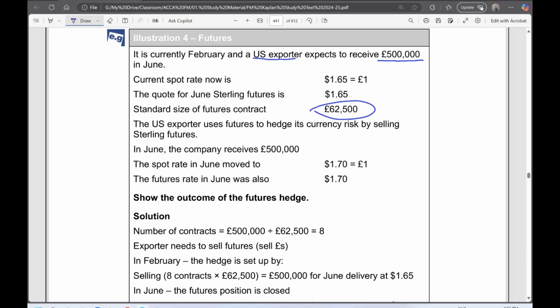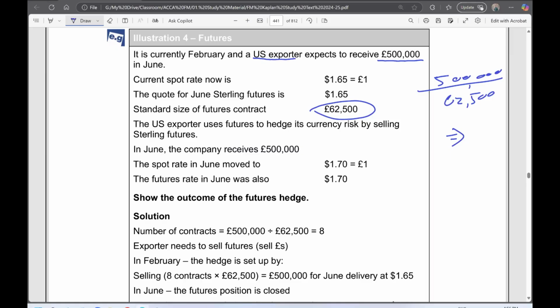I mean, one contract for the currency future is 62,500. You are going to receive 500,000 pounds, so 500,000 divided by 62,500. How many contracts might you be able to find?